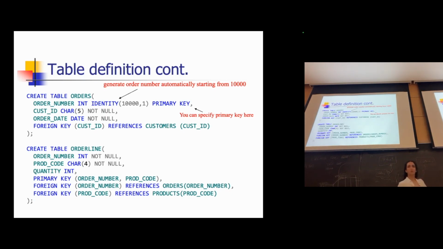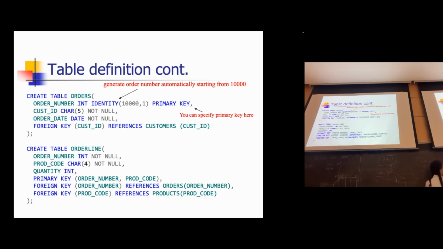The thing is, product doesn't have any foreign key, so it doesn't reference anything. Here, we needed to create order after customer. It doesn't depend on product at all.